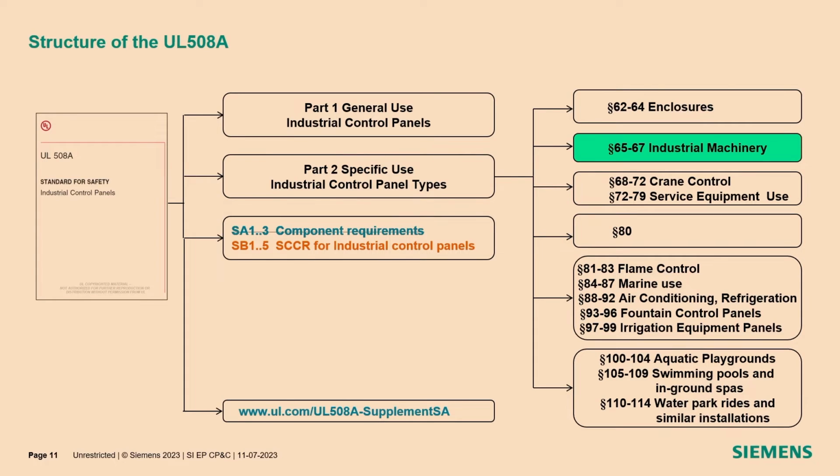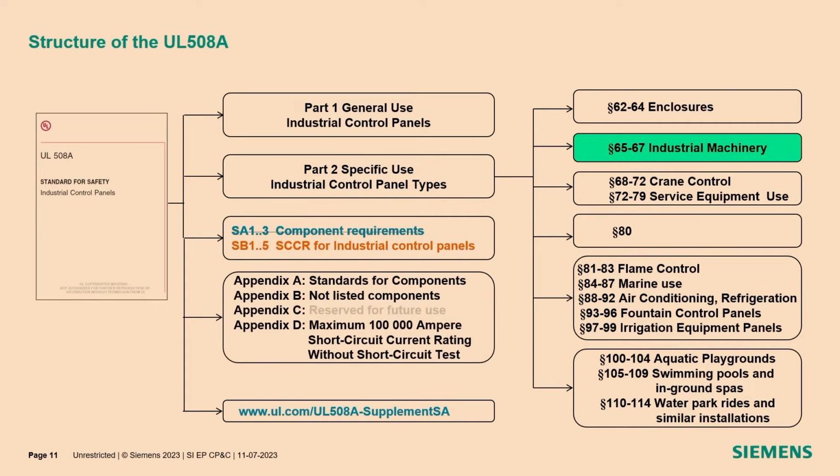SB, the supplement B, is, I think, the most important chapter in the UL508A. And this is for the short circuit current ratings, or determination of the short circuit current of the overall industrial control panel.